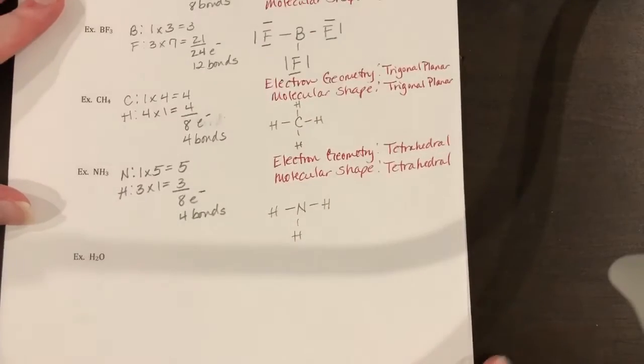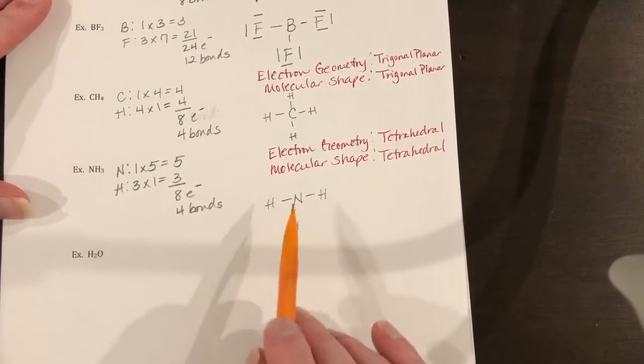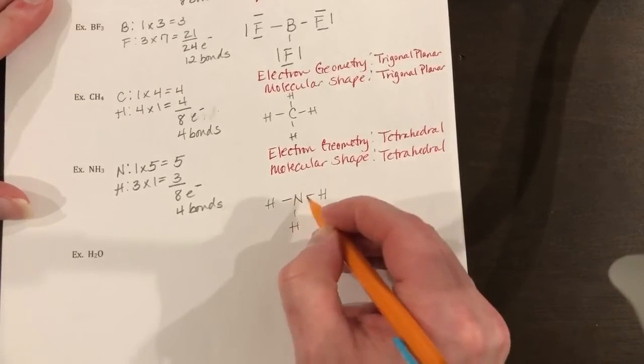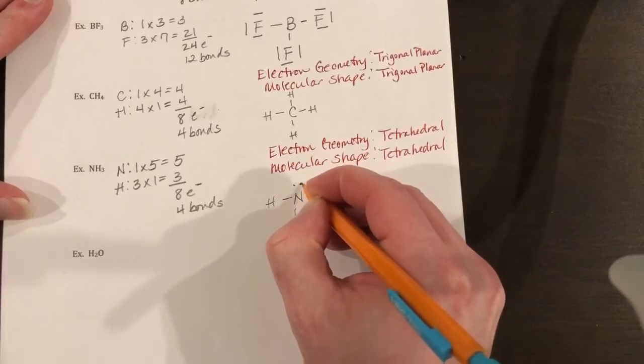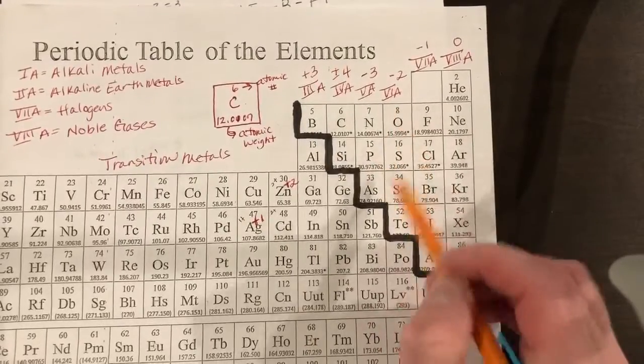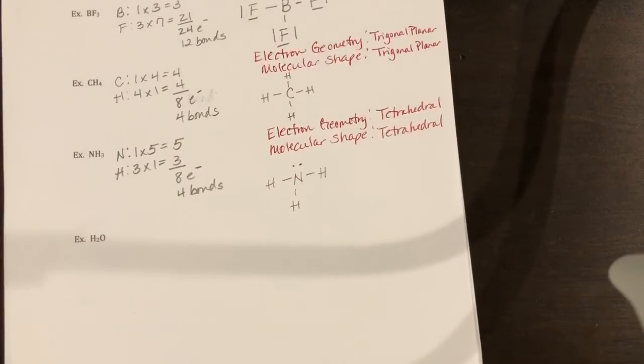We're going to put 3 hydrogens coming off of it. Now, we have to have 4 bonds, and nitrogen has to have 5 electrons. So it has 1, 2, 3. We put 1 lone pair. So if it's in this group right here, it usually has 1 lone pair, 2 lone pairs, 3 lone pairs. Don't forget that.